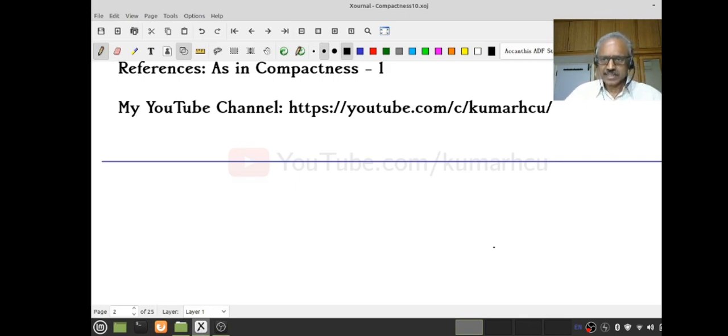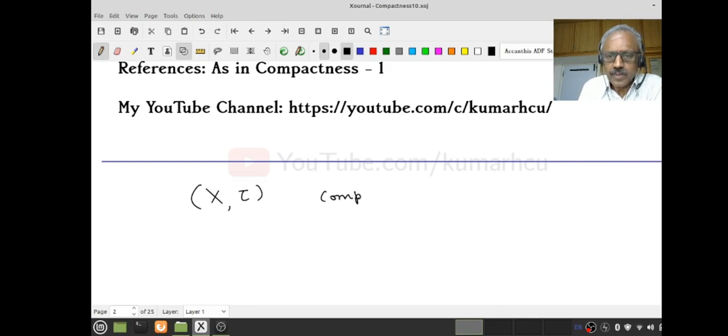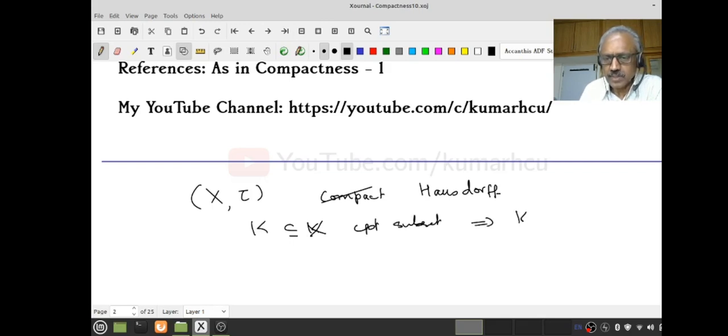So in the last lecture I said many of the interesting results are about compact Hausdorff spaces, right? So let's look at (X, tau) to be compact Hausdorff. Do you recall we proved that without compactness itself, if K is a compact subset in a Hausdorff space, then K is closed.